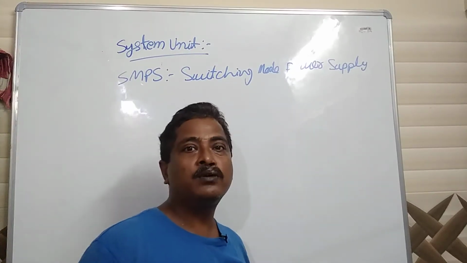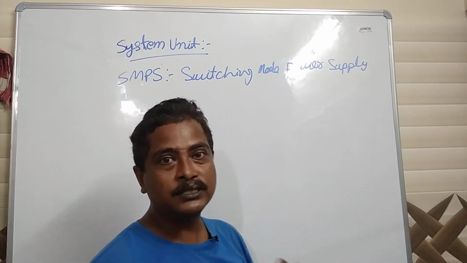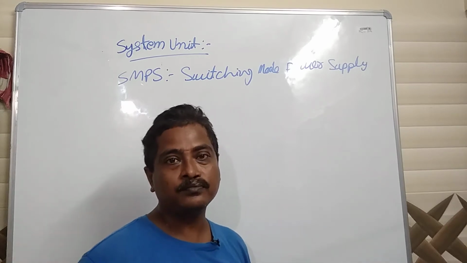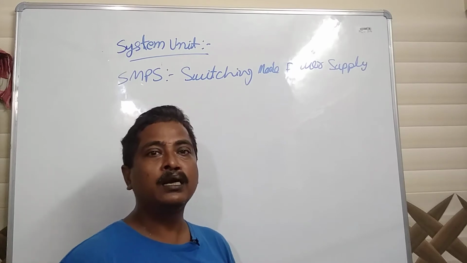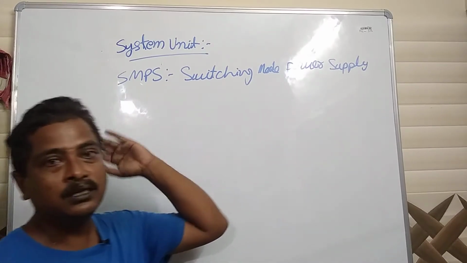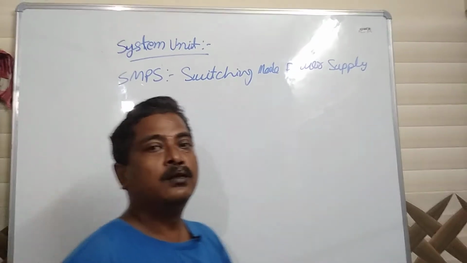What is our mode of power supply? Our mode of power supply is AC current, but the equipment inside the computer needs DC current. To convert from AC to DC, we need a converter, and that is the SMPS. That's why its name is switching mode power supply.